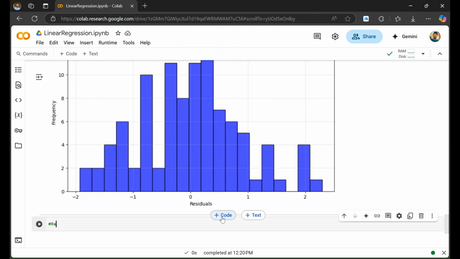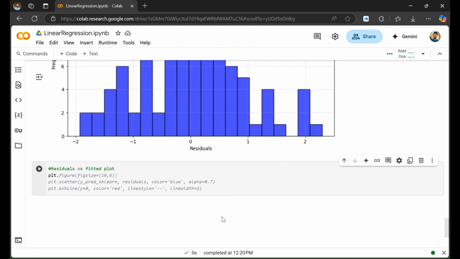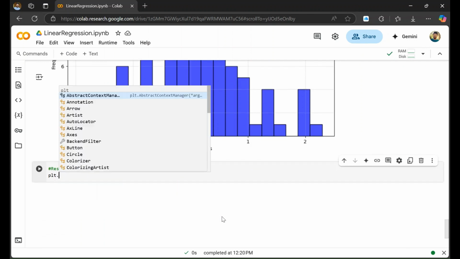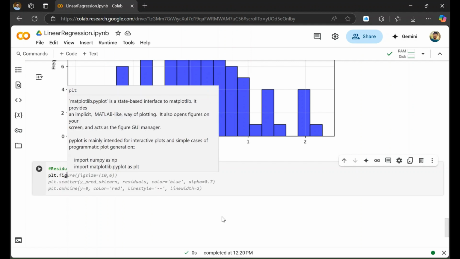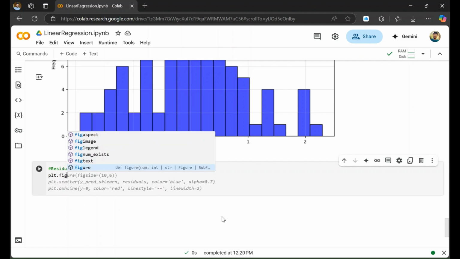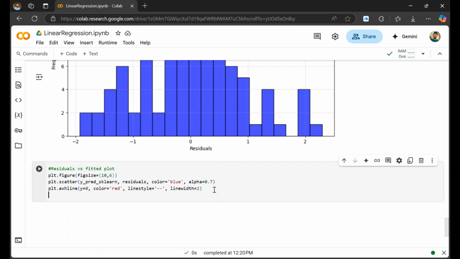And let's do residuals versus fitted plot. Let's give a title.